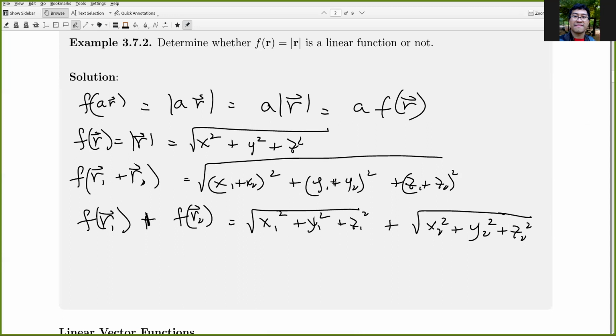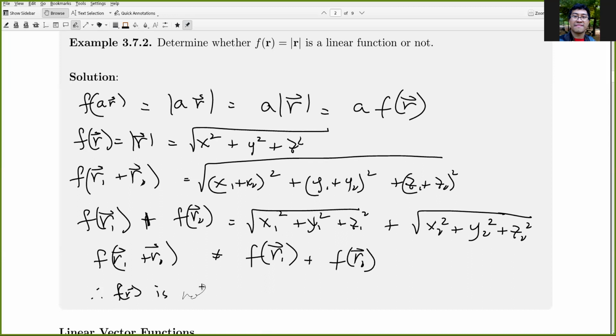And obviously this is not equal to this. So f of r1 plus r2 is not equal to f of r1 plus f of r2. Hence, f of r is not a linear function.